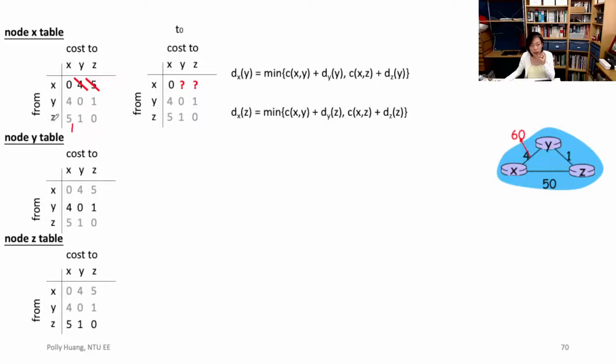The original dzx will still be 5 because the original table looks like this as an entry after going through several iterations. dz has already figured out that the shortest path to x goes through y and then x, with a cost of only 5, which is shorter than going directly from z to x, which is 50.